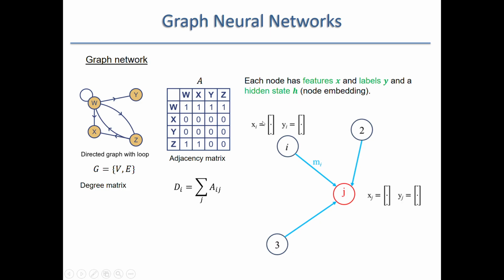So we have two nodes here, I and J. I has its own features and labels. J also has its own features and labels. Let's say that the adjacency matrix is like this. So J will collect information from the nearby neighbors, the nodes that are connected to it.